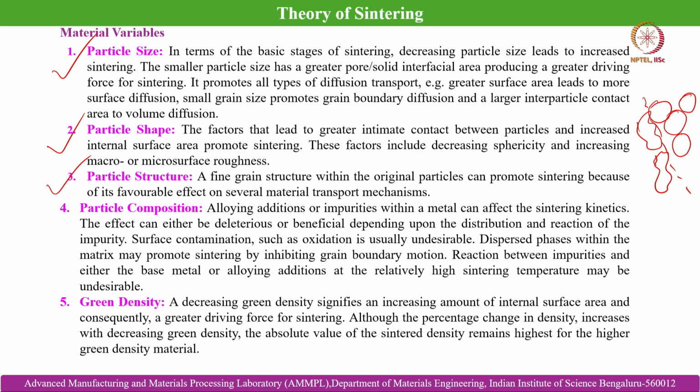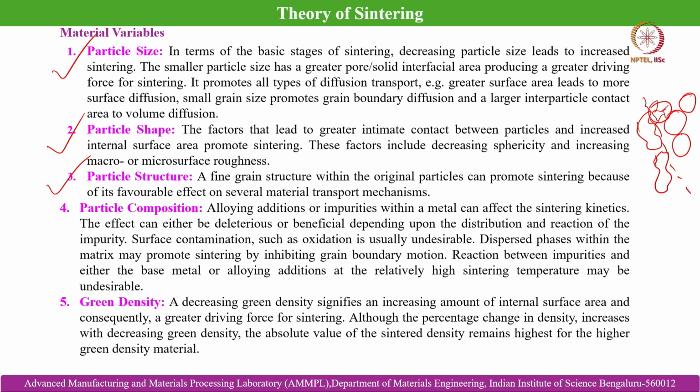So, with finer grain size within the powder particles, there is every chance that we can also achieve fine grain morphology in the sintered, densified part, and the presence of fine grain morphology in the powder particles can effectively promote the sintering densification process because of the favorable effect on the material transport mechanisms.